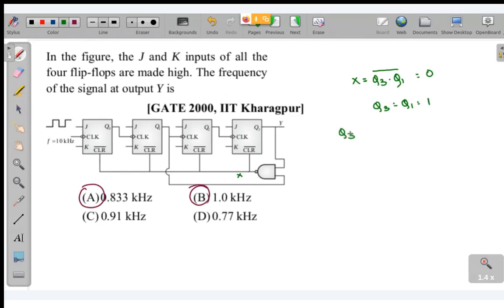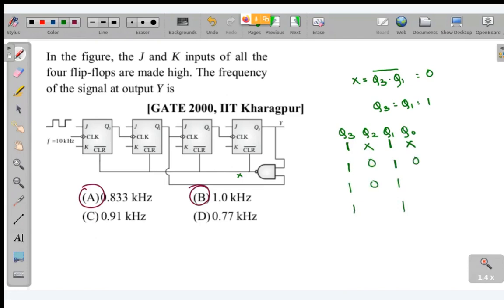So right over here Q3, Q2, Q1, Q0, and out of this Q3 and Q1 is 1, the remaining are don't care. So this is an up counter. So you will be encountering states like this. So this will remain constant.